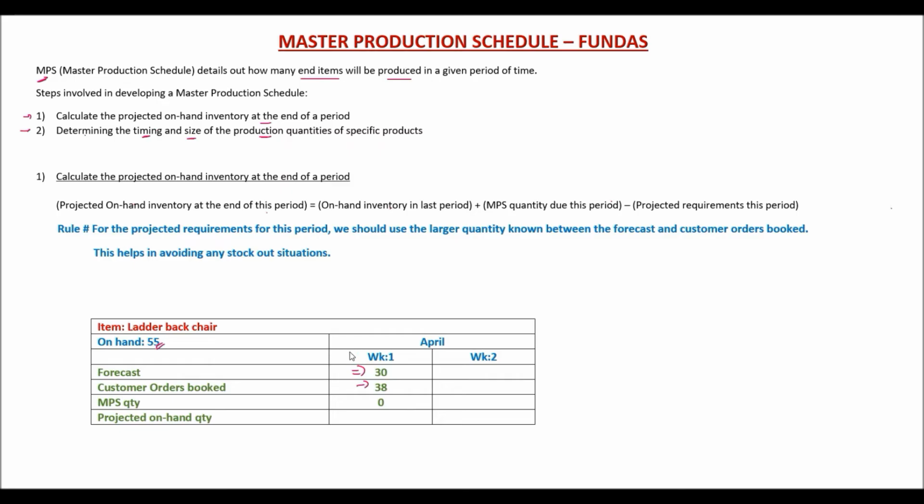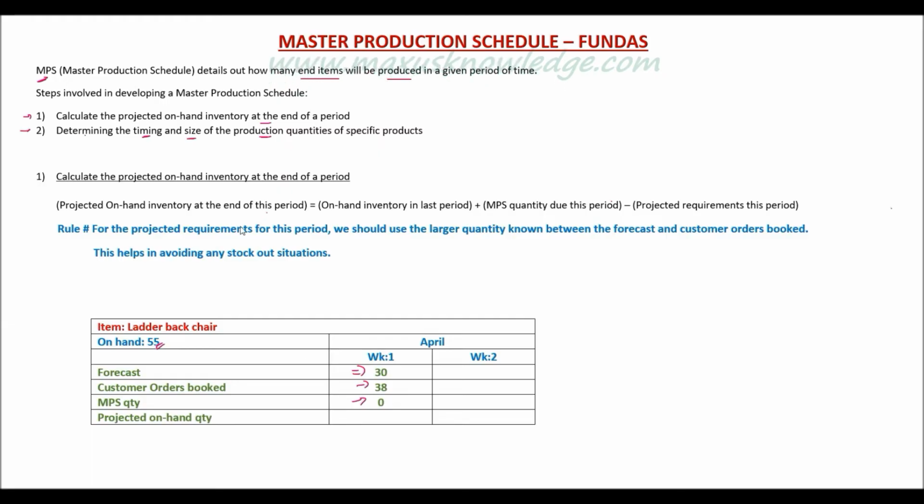That means, as we had seen earlier, when we start week 1, you already have 55 ladder back chairs available in your inventory. And as per the plan, there is no MPS quantity which is due to be received in this week. So we need to now calculate the projected on-hand quantity at the end of week 1.